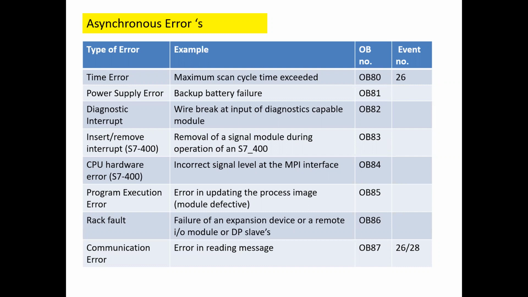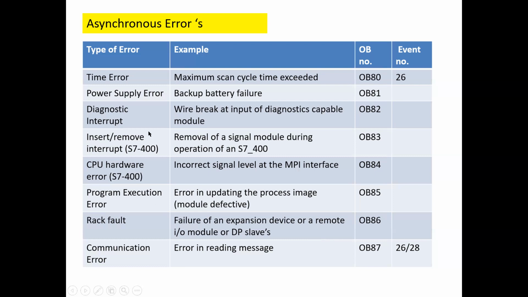Like that, we have some time error for scanning your program. If I have some limit on how much time it should take to execute a program and it is exceeding the time, it goes to stop mode. But if your CPU should not go to stop mode, then download this OB number 80.